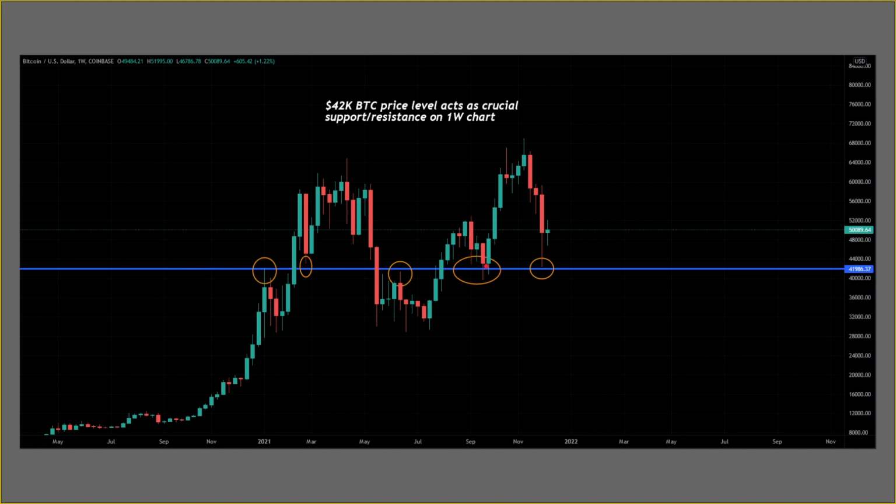We also see in September, this is a really great example here, the wicks of the candles fell below the 42K level, right? The wicks actually came below, but overall we did not see a candle body close below this level.